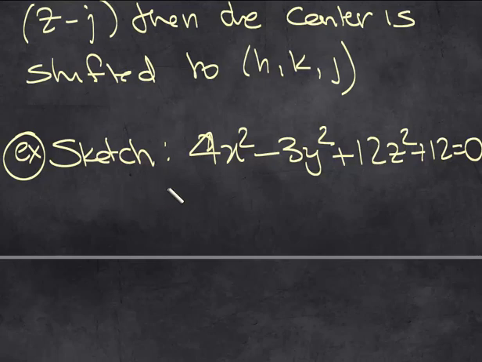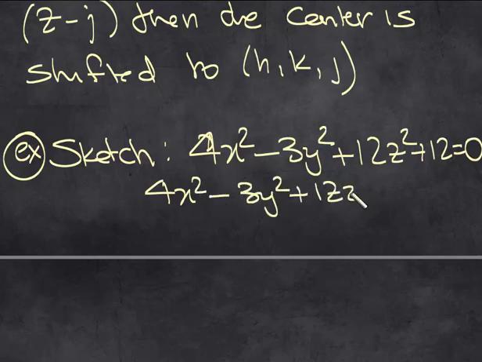So we get 4x squared minus 3y squared plus 12z squared is equal to negative 12. Is that okay? And I'm going to divide everything by negative 12.